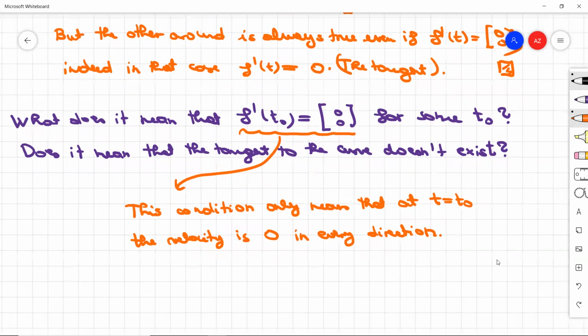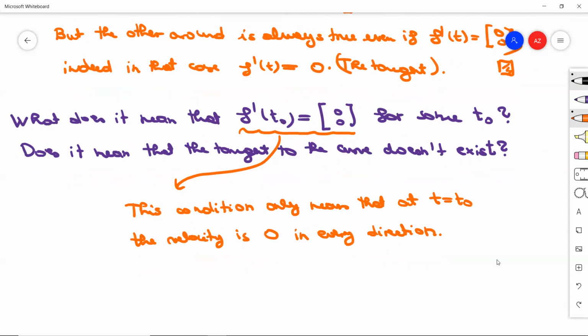So this doesn't tell us anything about the tangent. So this doesn't mean that the tangent doesn't exist.